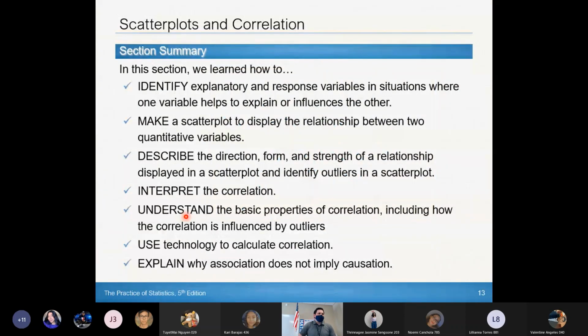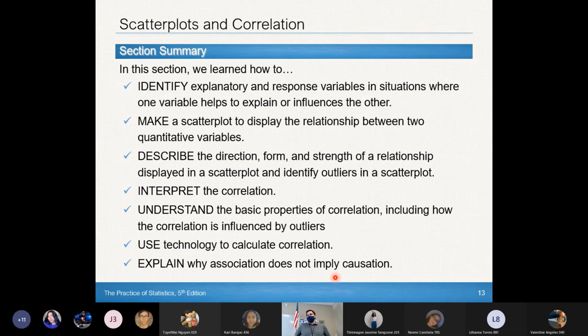And that's the basics for our scatter plots and correlation. Section 3.2 goes more into using these things. The last part that I want to talk about is why association does not imply causation. The best example I have of this is considering the two variables of number of popsicles sold in the summer versus number of shark attacks in the summer.